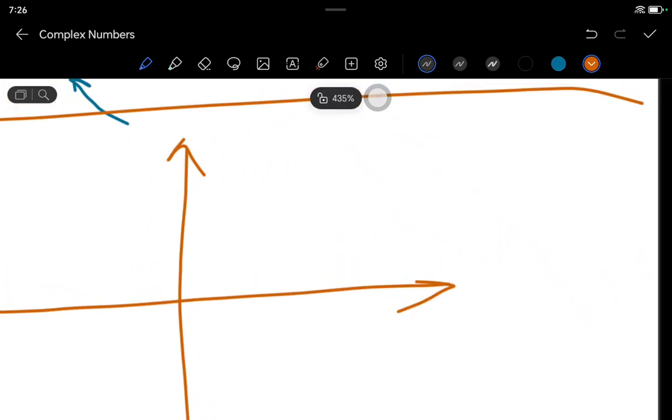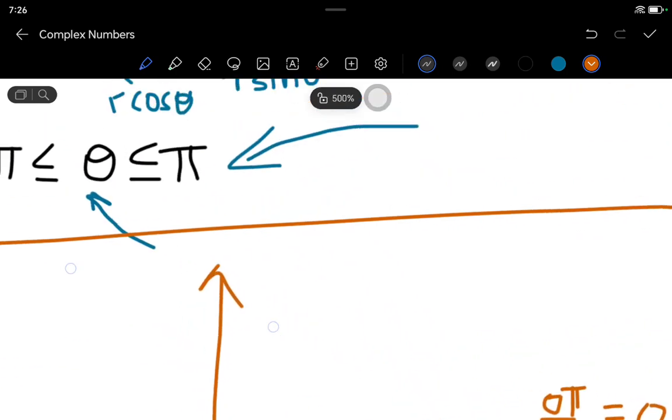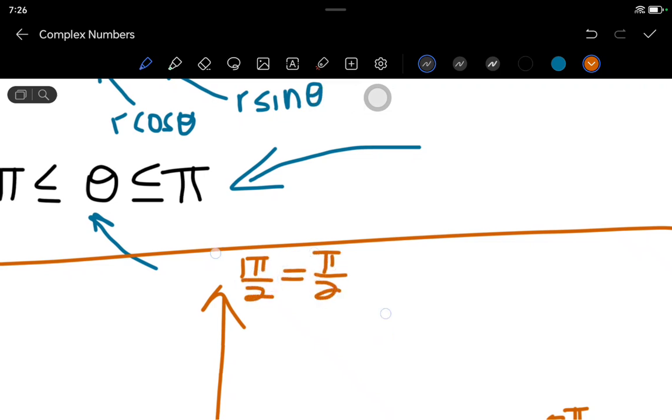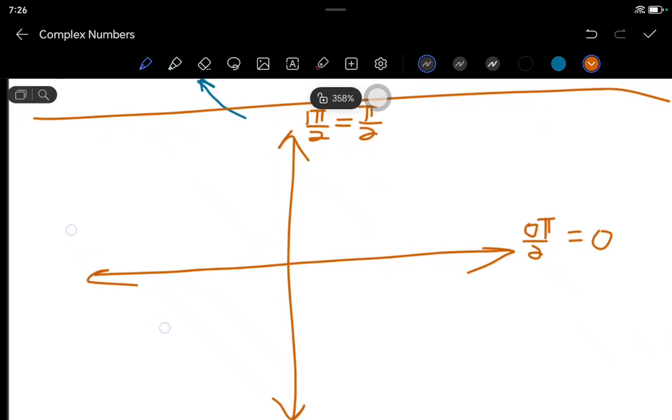We must know that we have 0 over 2, which gives us 0, and then 1 pi over 2, which just gives us pi over 2. I'm just showing you how to find the angles.